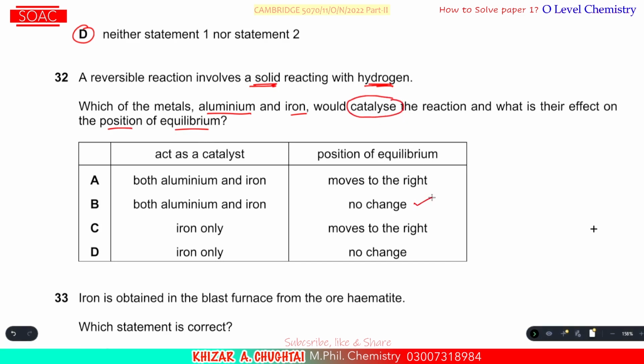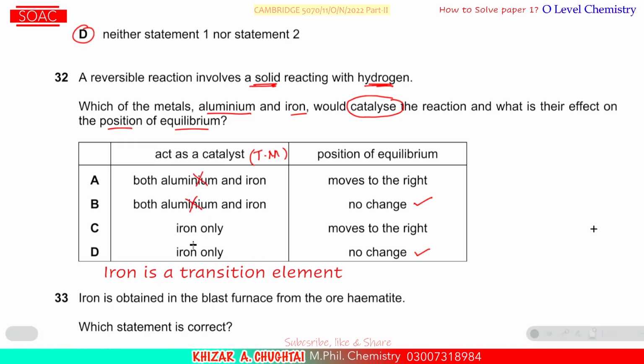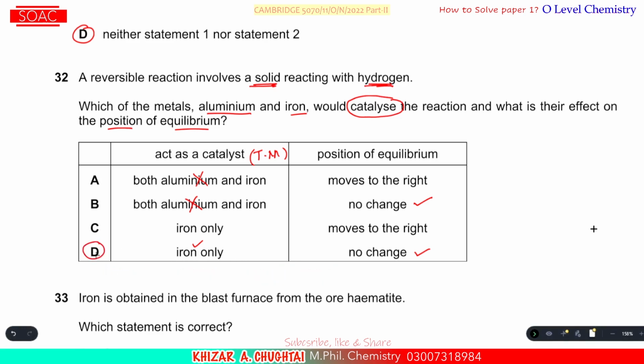So either B or D may be the correct option. Now, which can act as a catalyst? Transition metals can act as catalysts, and aluminium is not a transition metal. So iron only. D, the last option, is the correct option.